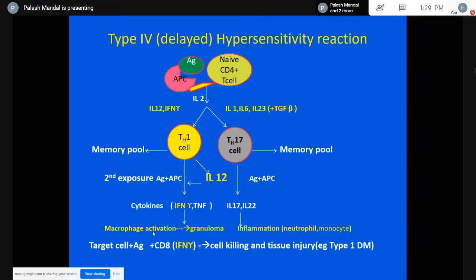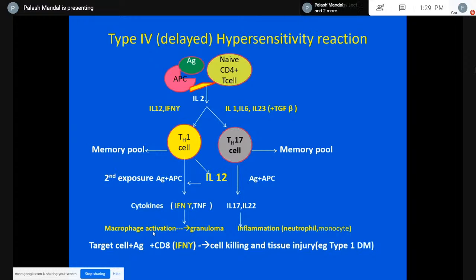So here also these macrophages get transformed into cells and they get fused, and the fused cells are known as giant cells, the Langhans type of giant cells, where there are rows of nuclei around the cytoplasm in the form of a horseshoe or bipolar.